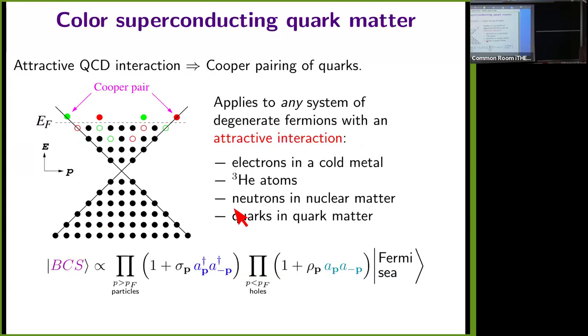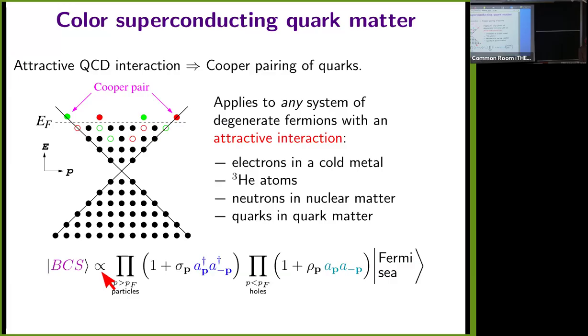So last time, I talked about color superconducting quark matter, that as you fill up the Fermi sea with quarks, which is a dense system of degenerate quarks, if there's an attractive interaction, that makes it favorable to create Cooper pairs at the Fermi surface here, Cooper pairs of particles above the Fermi surface, Cooper pairs of holes below the Fermi surface. And this is true not just for quarks, but any system of fermions that form a Fermi sea like this. And I'm assuming the temperature is low here, so this Fermi surface is not thermally blurred.